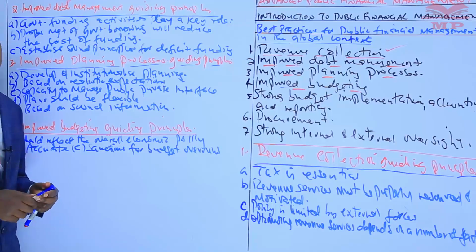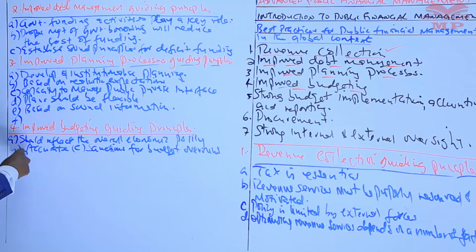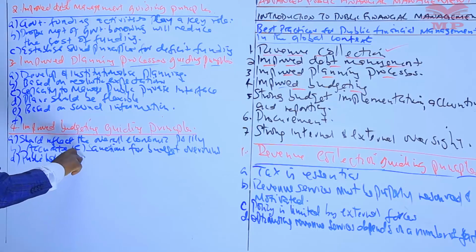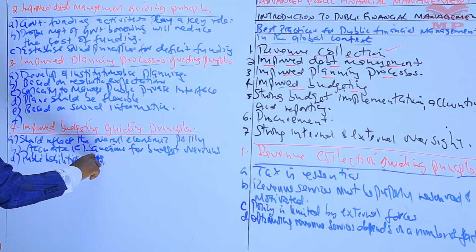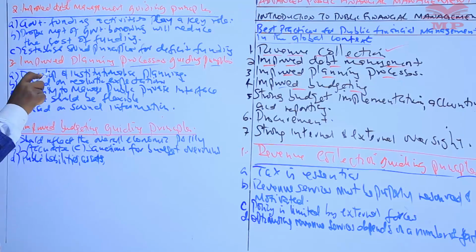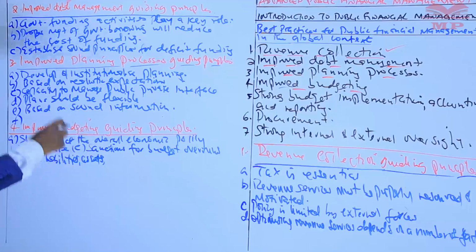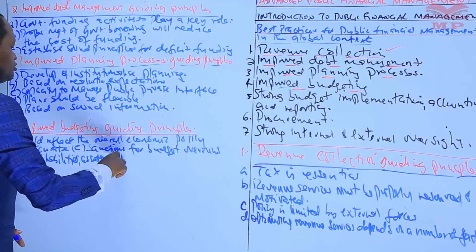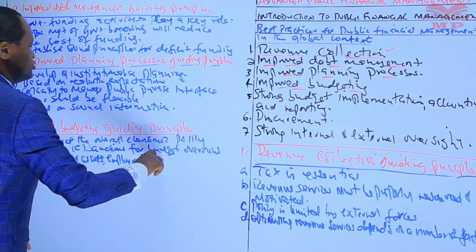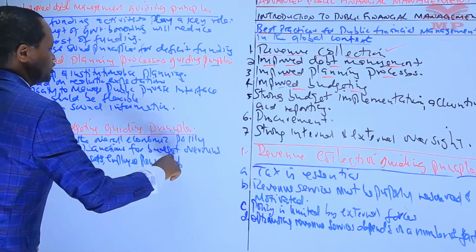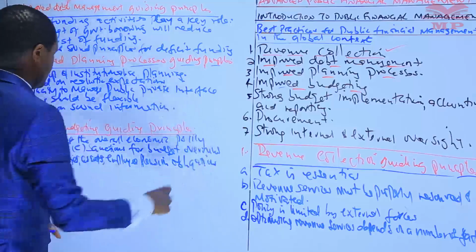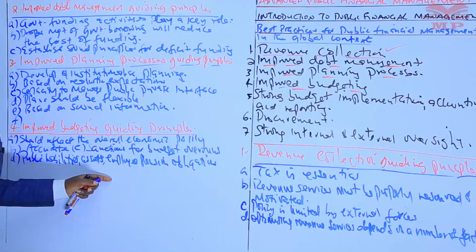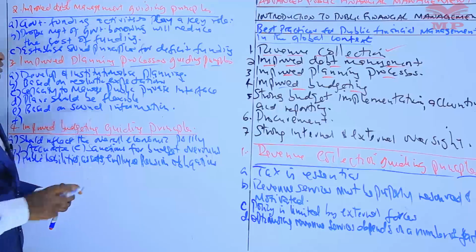The budget should include public liabilities, it should include assets, employee pension obligations. I've said it should also include the tax and non-tax revenues, as well as details on public expenditure categories. A very important guiding principle.